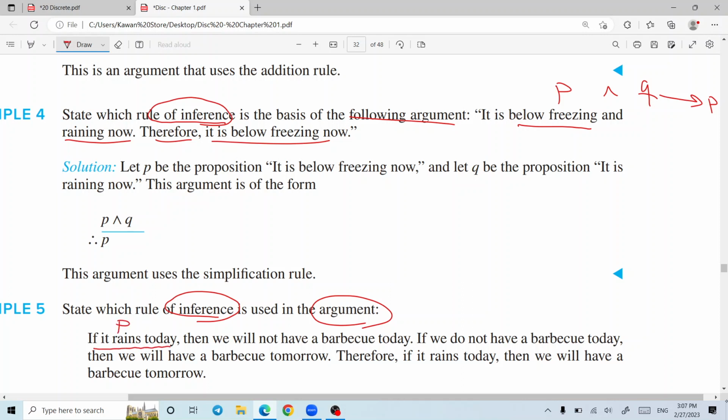That one is P. Then we will not have a barbecue today, negation Q. Let me say that, okay? If you don't have a barbecue today, okay, why negation P? Negation P is not raining. Then we'll have a barbecue tomorrow.